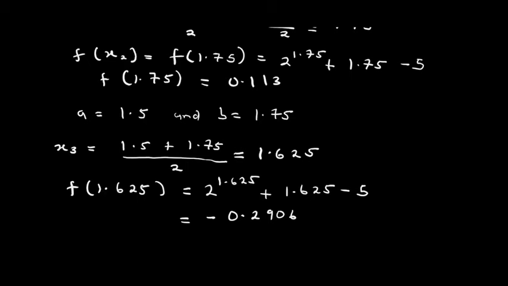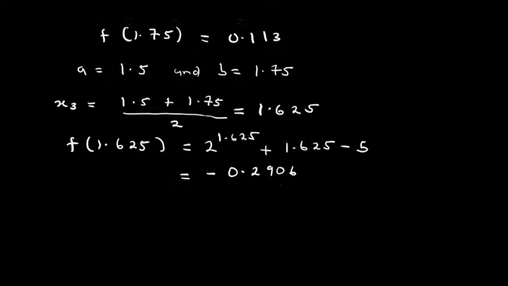Since this is also negative, our next two guess numbers are 1.625 and 1.75. Right? So let's say A is equal to 1.625 and B is equal to 1.75.